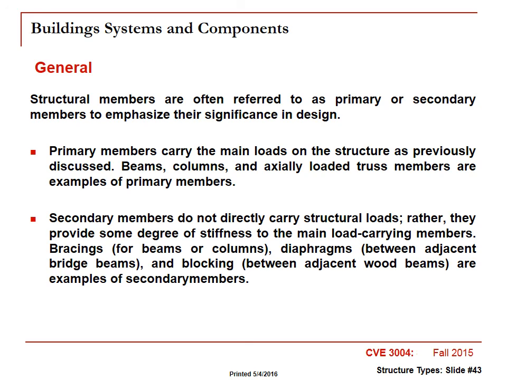Okay. Moving on, we can talk about members as whether they're referred to based on how significant they are in design. Most of the building framing that we've been talking about, that's primary framing. When we talk about floor joists, or floor girders or bridge girders, those are primary structural elements used for the transference of load.